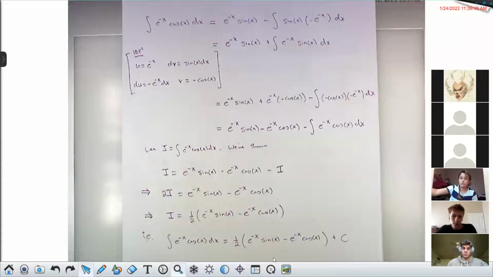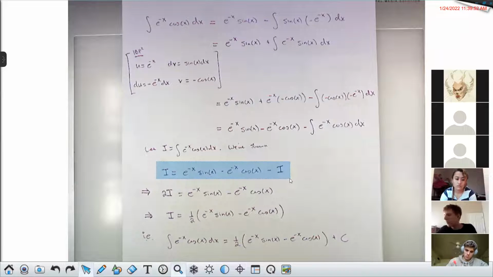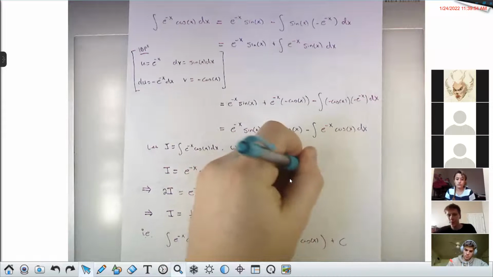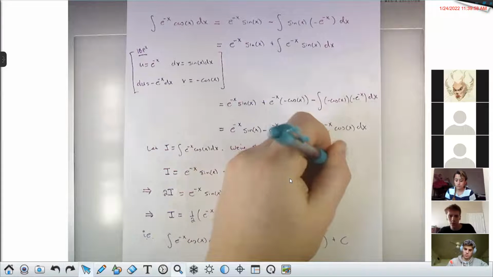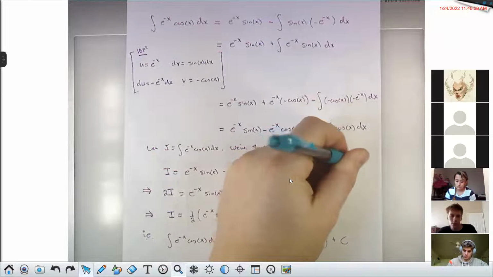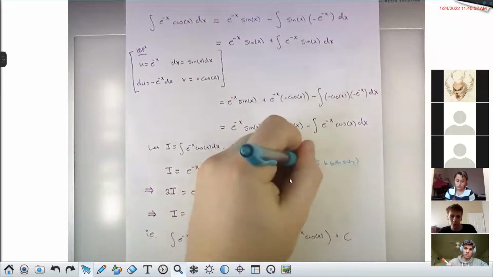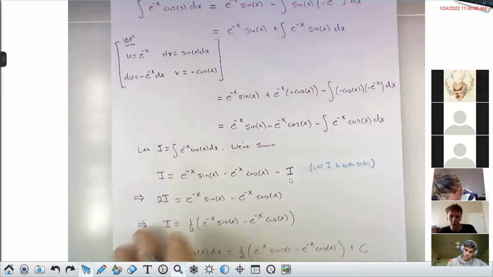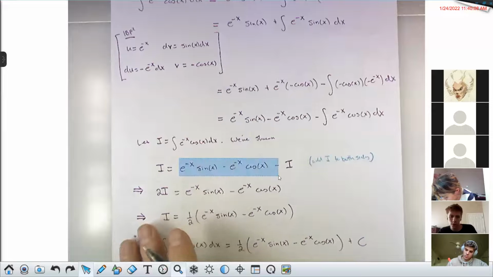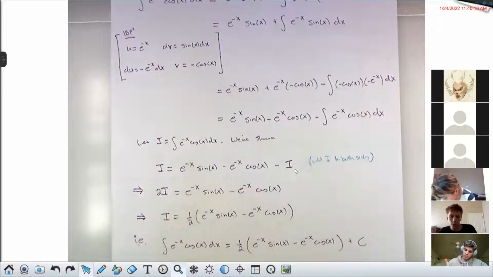I have a question. Why did you do 2I on the left? So here in this equation, I'm going to add I to both sides. Think of it like baby algebra class, where I'm solving an equation like x equals 7 minus x.